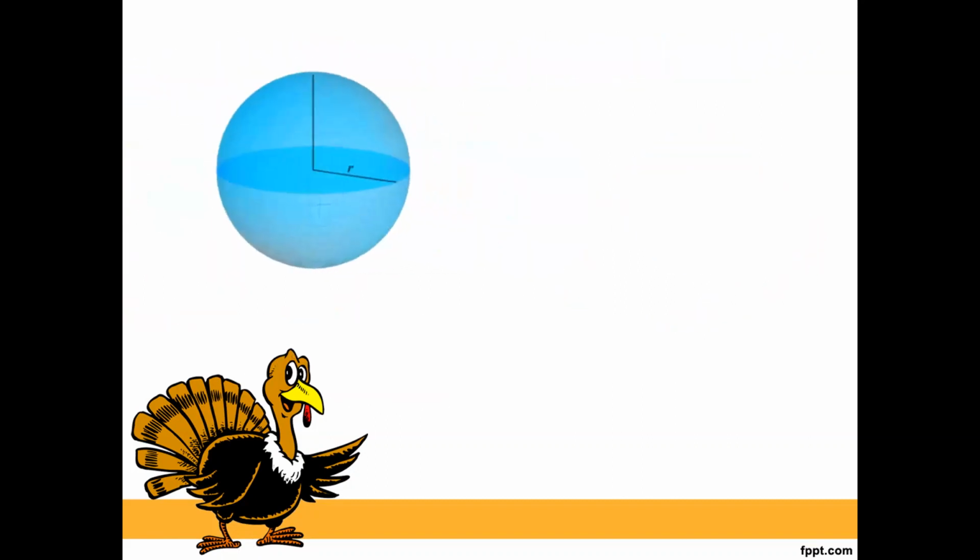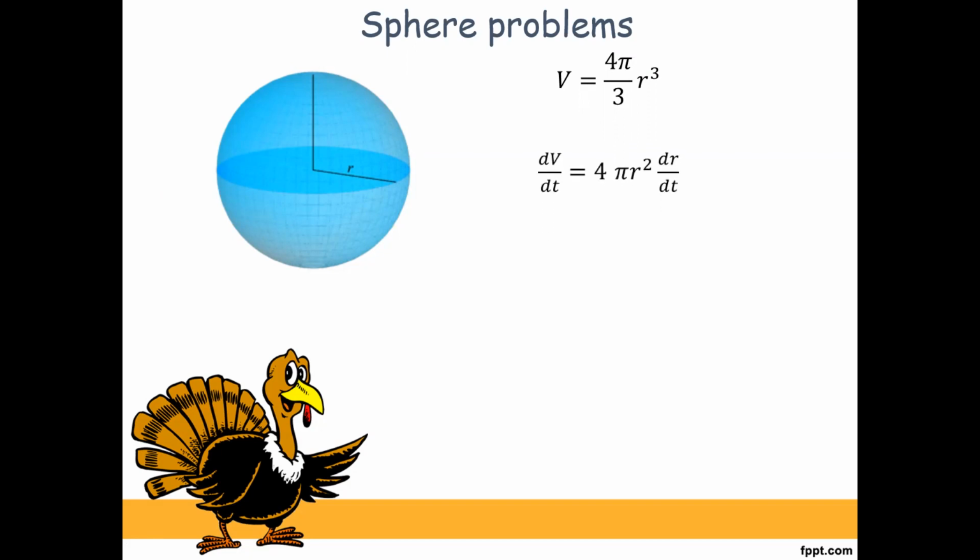All right, now we're going to have some problems with spheres that we're going to see later, but basically I wanted to show you the formulas for spheres. The volume of a sphere is 4/3 pi r cubed. If we had to take the rate of change of the volume, we would take this 3, throw it out in front, and the 3's cancel. So it's 4 pi r squared dr/dt.